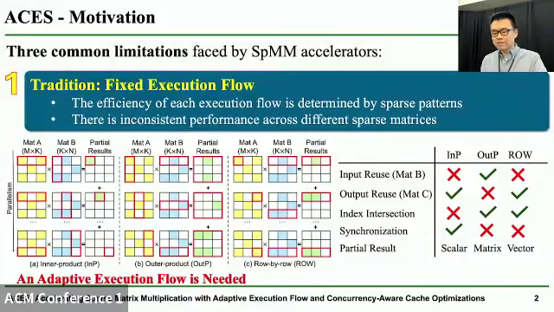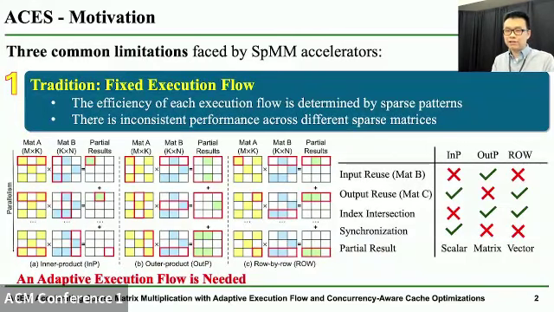And we found that there are three common limitations for current SPMM accelerators. The first limitation is the fixed execution flow. The execution flow of SPMM determines how the matrices are processed. Modern SPMM accelerators are mostly based on a fixed execution flow. The three execution flows usually used in SPMM are inner product, outer product, and row by row.